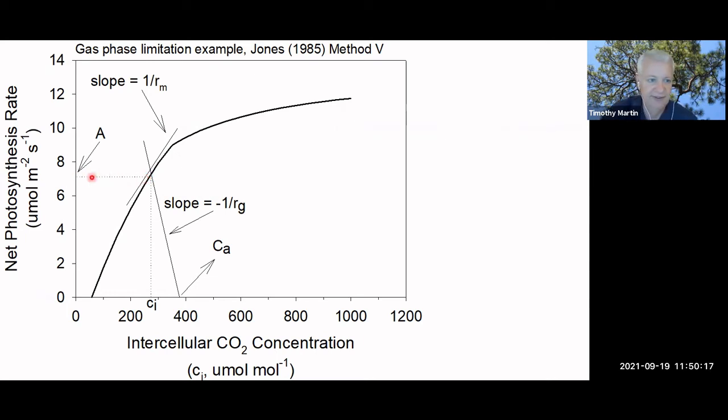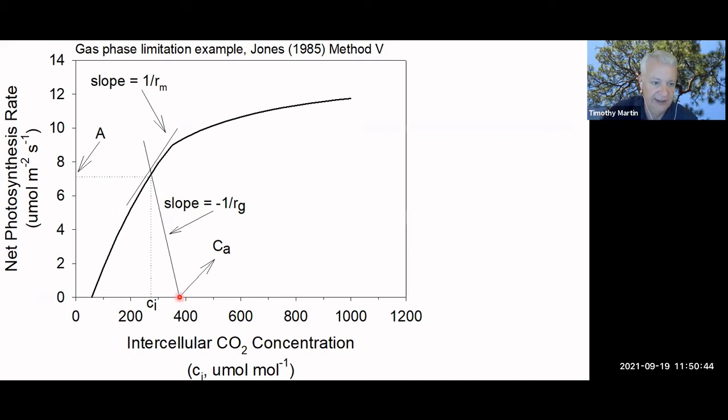This is net photosynthesis rate measured at some ambient CO2 concentration. So that's right here. And we have some Ci associated with that, okay? This is ambient CO2 concentration. Again, this graph was made some time ago when ambient CO2 concentration was about 390.